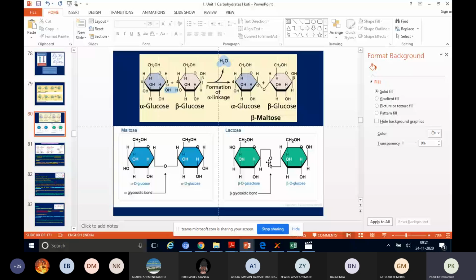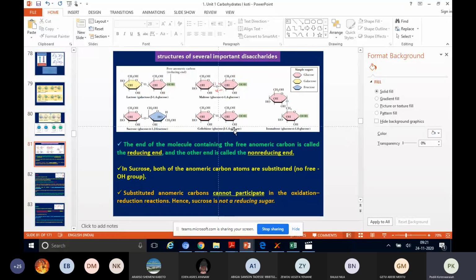Maltose is composed of two glucose units with an alpha 1,4 glycosidic bond. Lactose has one galactose and one glucose with a beta 1,4 glycosidic bond. Whereas sucrose is composed of glucose and fructose with an alpha 1, beta 2 glycosidic bond, and sucrose is a non-reducing sugar because both the anomeric carbons are involved in the glycosidic bond formation.